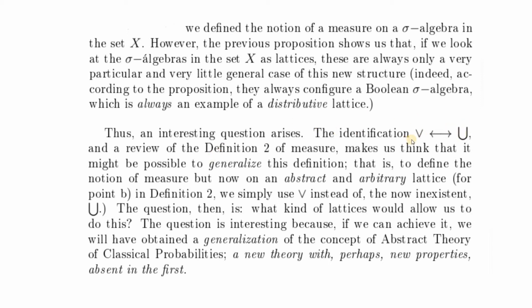So we can try to replace the union in the definition of measure by the OR operator and try to define a measure now on an arbitrary and abstract lattice. And in this way we could perhaps define a new and more general notion of abstract probability theories that are not necessarily classical, because the underlying lattice might not be a distributive one, so it might have new properties.